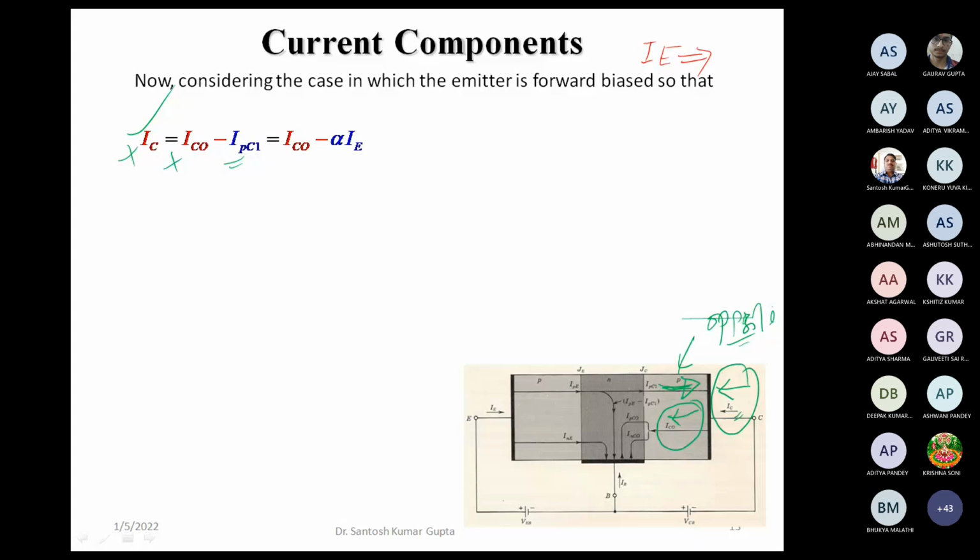So IPC1 is going to be proportional to IE, and if this sign of proportionality is removed, then IPC1 is equal to alpha times IE. So alpha is a factor which is now introduced here, showing the fraction of the emitter current which is being collected by the collector. So the alpha factor is showing this.